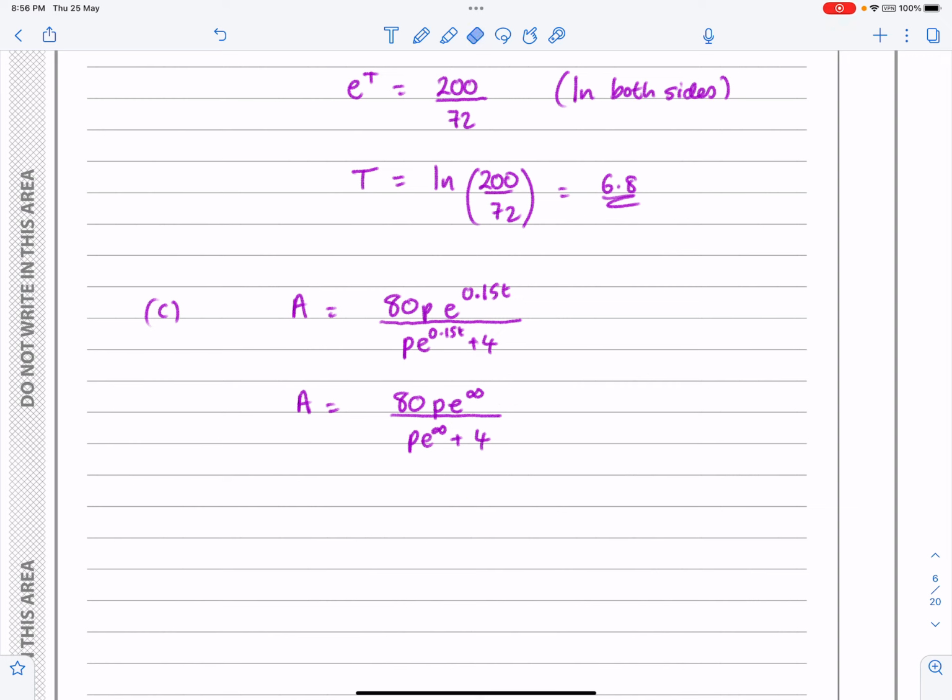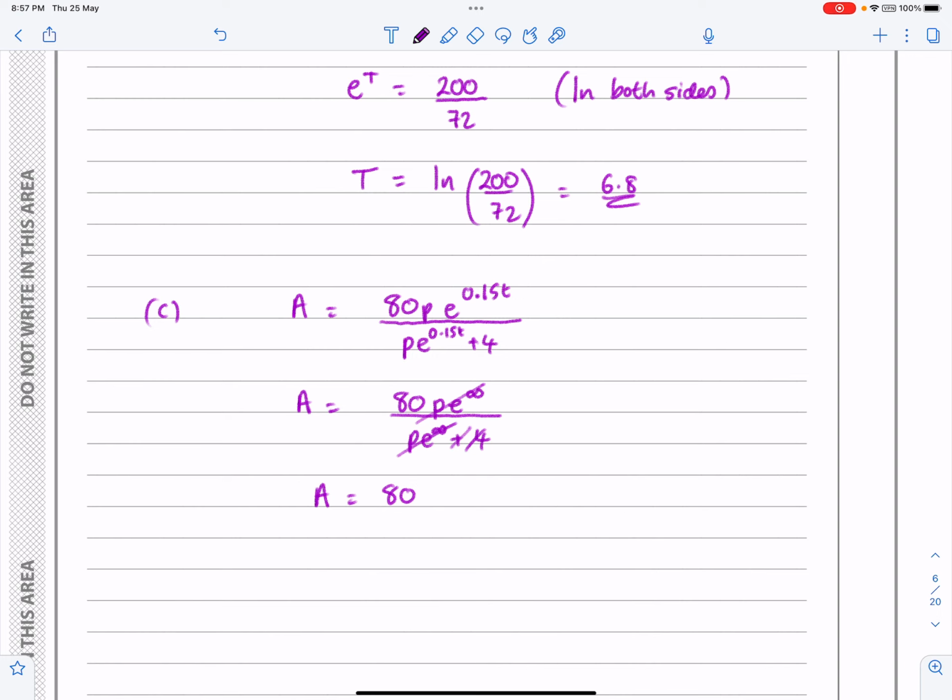So when I take it to be that big, what some people do is put in 100 and get 80e^100 over whatever. Anyway, if I do that, the 4 in effect becomes redundant here. And if I do have that situation, I might just put a cross through it. Now I've got 80e^(infinity) over 5e^(infinity), and those ones can just cancel out. There are other ways of thinking about it, but I quite like using that technique.